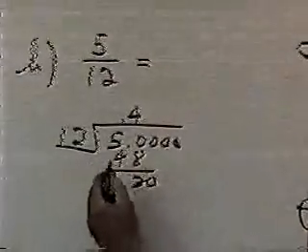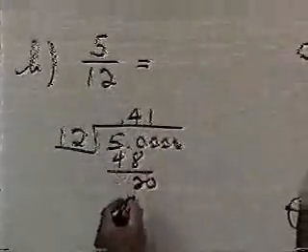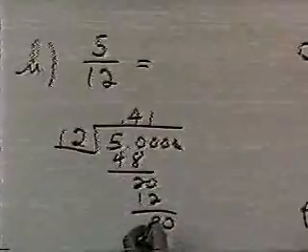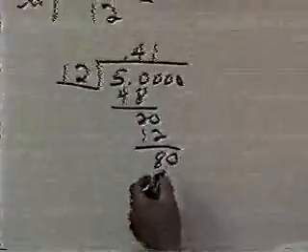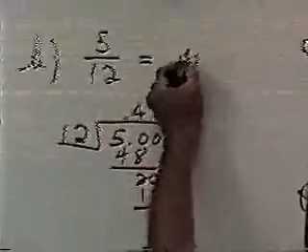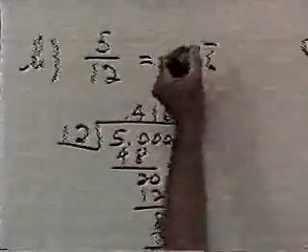Bring down the 2, and that'll go 1 time, and that's 12, and bring down the 8. Bring down a 0, and that'll go about 6 times, and that's 72, and that's 8, and we start getting repeating. Okay, so what we get is 0.416 repeated.